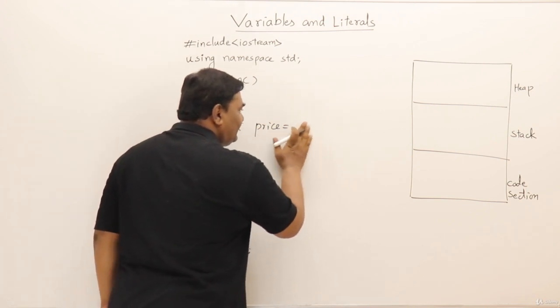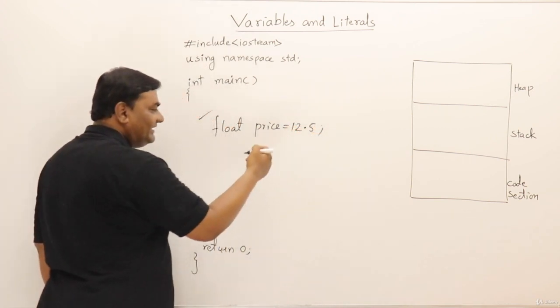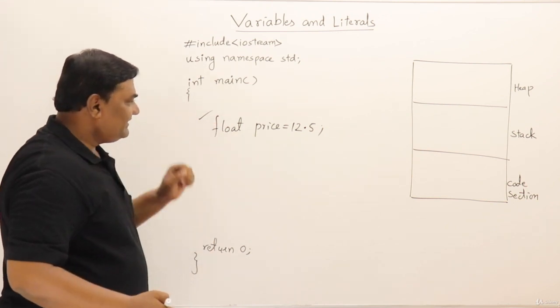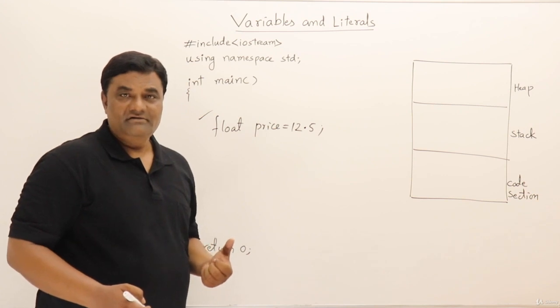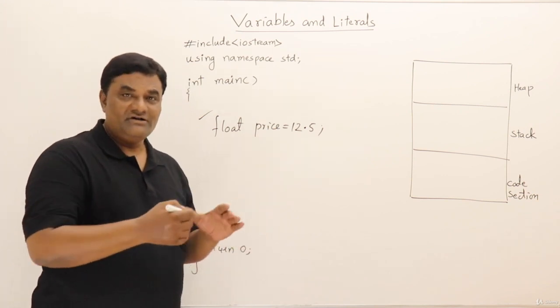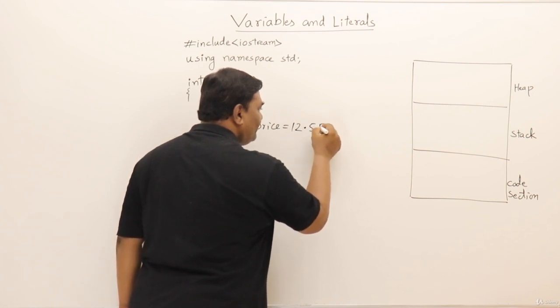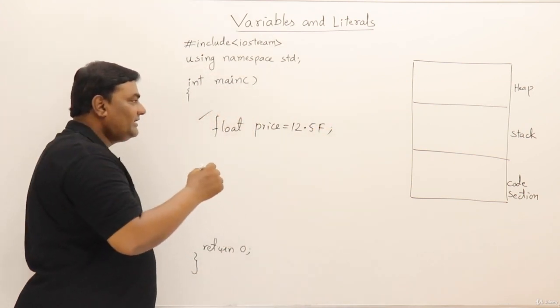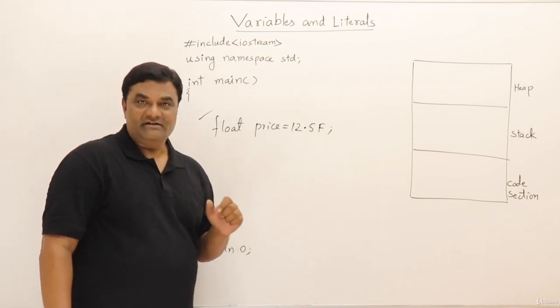But if I want to write a float value like 12.5, yes, I can assign it like this. But one thing, by default, this value is double, because it can be float also, double also. So it's better you write F after this. So 12.5F will be a proper float literal.